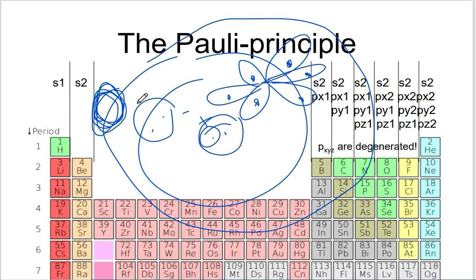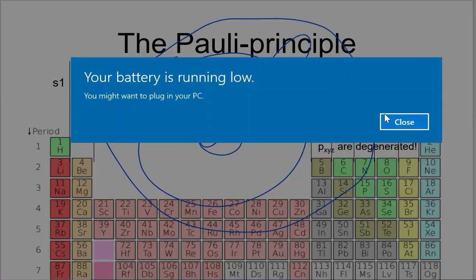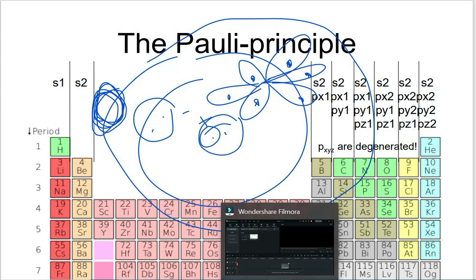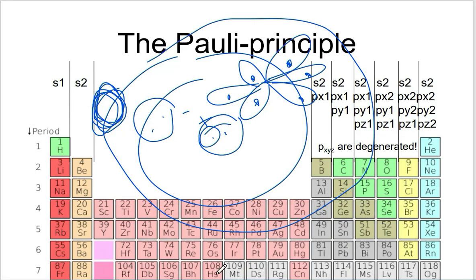So we only talk about the upper one. If it belongs to the second period, we only care about the second level of orbitals, because this is the one that reacts. If it belongs, for example, to the fourth period, then we only consider the fourth level of orbitals. So let's go back and talk about, for example, oxygen.